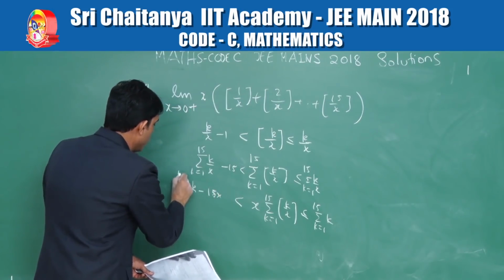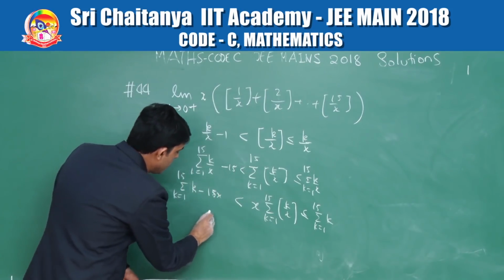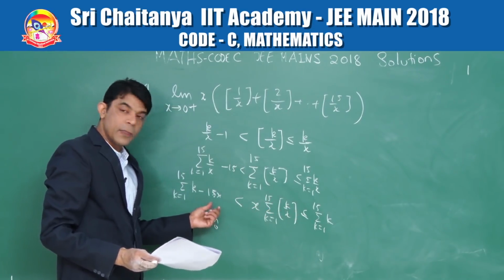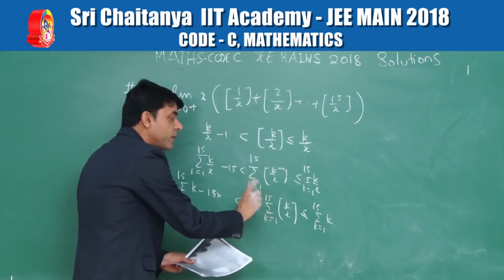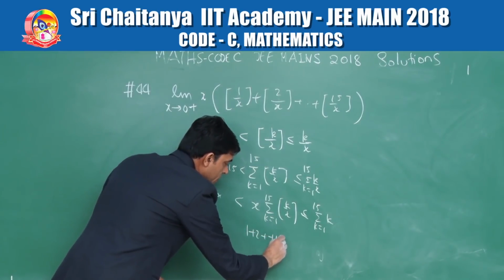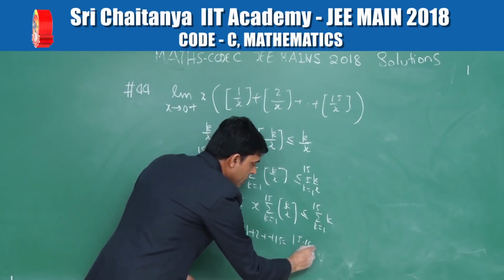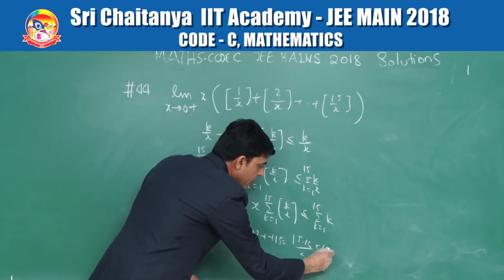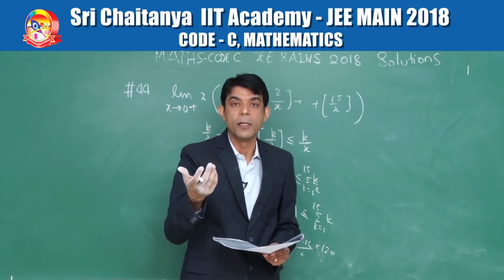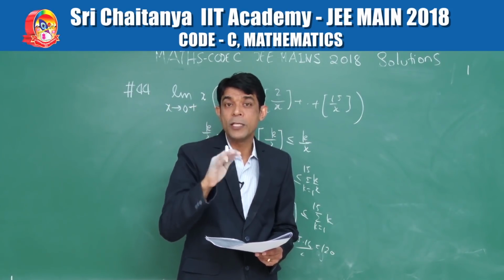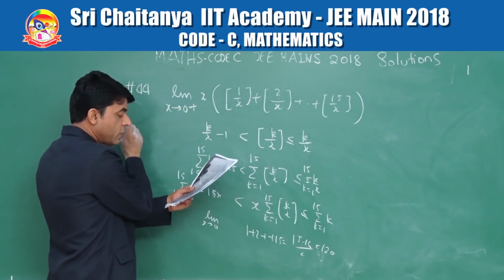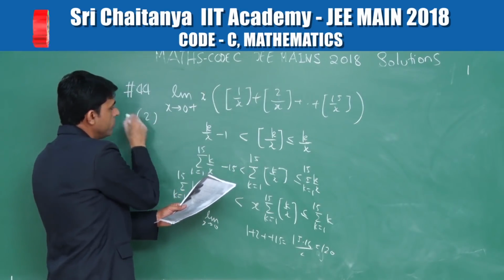When you pass to the limit, x tends to 0, on both sides the limit happens to be the sum of the first 15 numbers, that is 1 plus 2 up to 15. So that is 15 into 16 over 2, that is 120. By what we know as the sandwich principle, or the squeeze play theorem, we get the result as 120. So the limit happens to be 120 and the answer happens to be 2.